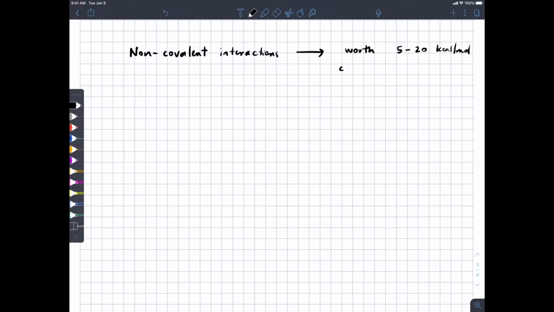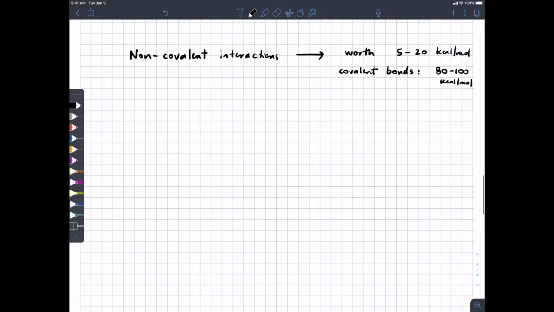In contrast, covalent bonds in organic chemistry, depending on what kind of bond you've seen in your computational assignment, tend to be worth sort of 80 to 100 or more kilocalories per mole. So non-covalent interactions are worth a fraction of what a full-on covalent bond is worth.